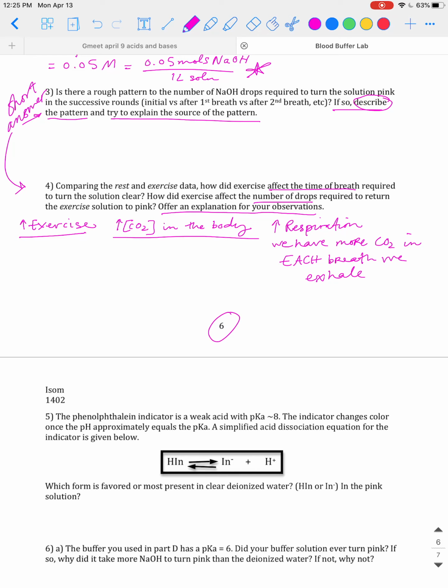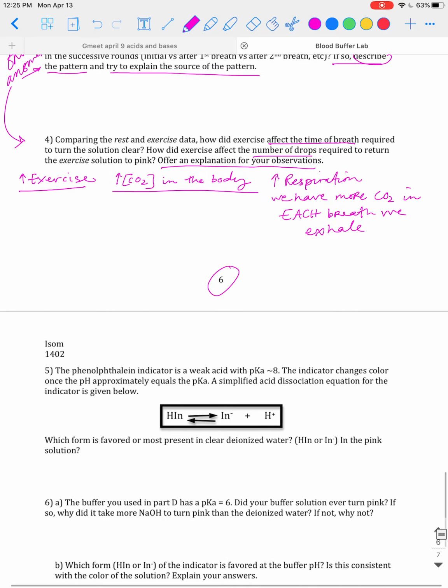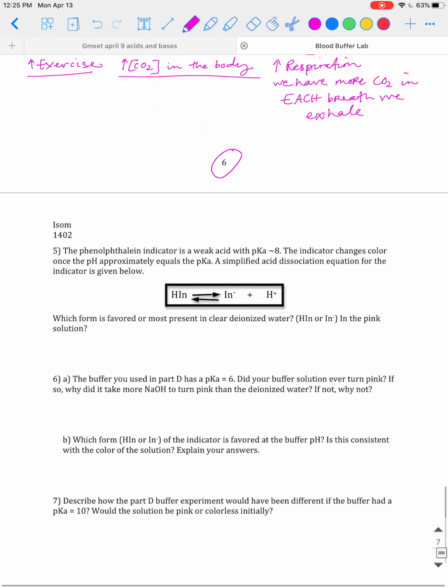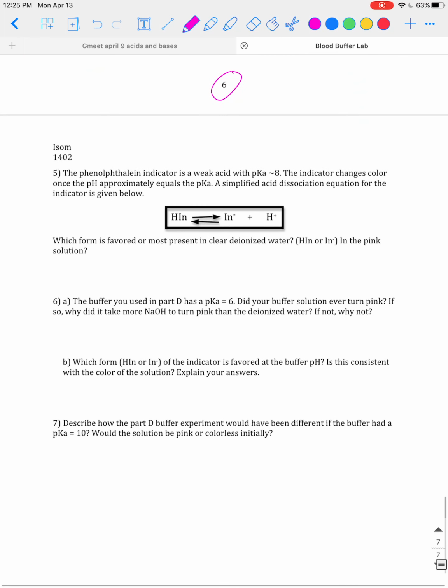We have to breathe that out. So our respiration increases, and then we are breathing out more CO2. We have a higher concentration of CO2 in each breath we exhale. So think about that as you answer this problem, okay? Walk me through that as you explain your observations, if that relates, and it should.